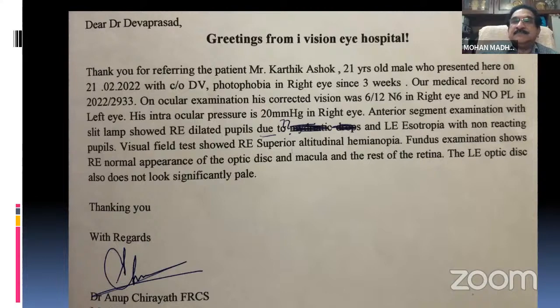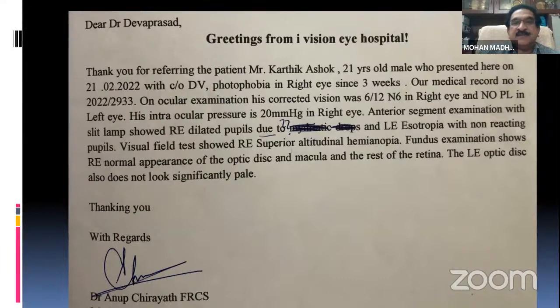On examination, vision is present on the right side, no PL on the left side. Intraocular pressure is 20. The examination showed a dilated pupil, and they said non-reacting, actually it is reacting. Fundus shows normal appearance of optic disc and macula.